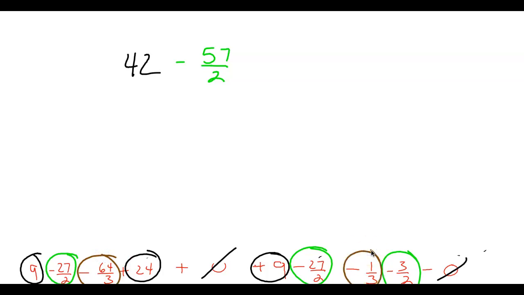So negative 64 and negative 1, that's going to be negative 65 over 3. So now we've got all of our terms. We've got 3 simplified fractions. That's going to make it a little bit easier than trying to get them all to have a common denominator first. So combine the ones that are already the same, and then we can worry about common denominators.